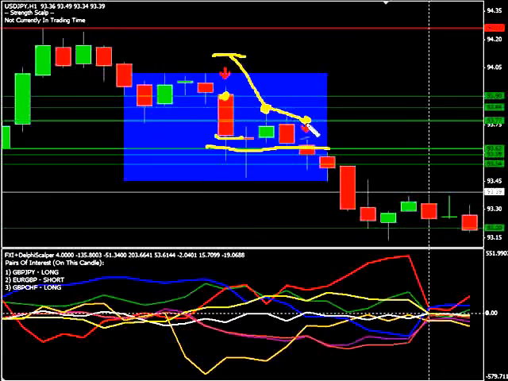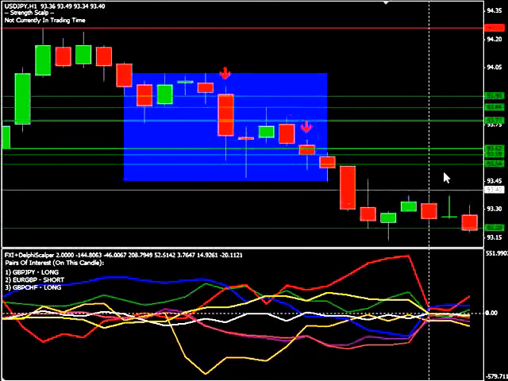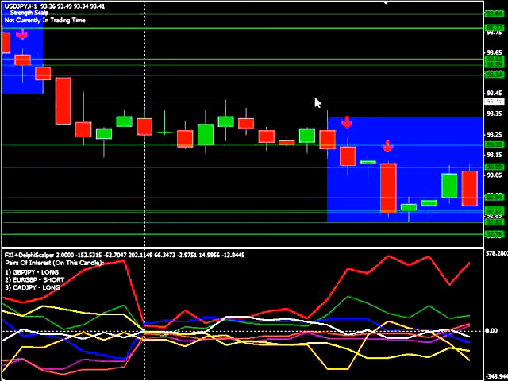So you just continually move your stop loss as these areas of key support are broken through and closed below, then that's when you look to move your stop loss. So it comes on down here, market closes below 93.20, so we go ahead and move our stop loss to here. And let me scroll the chart over just to show you kind of what happens as this trade develops.